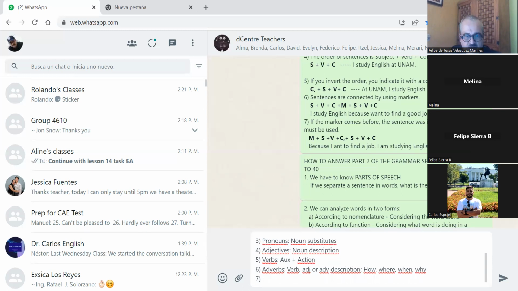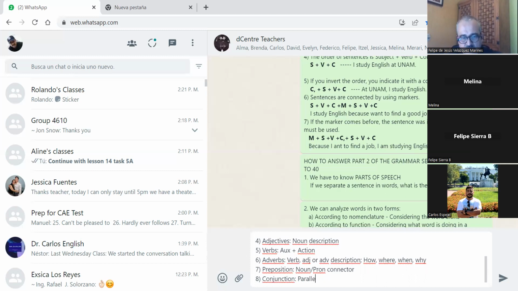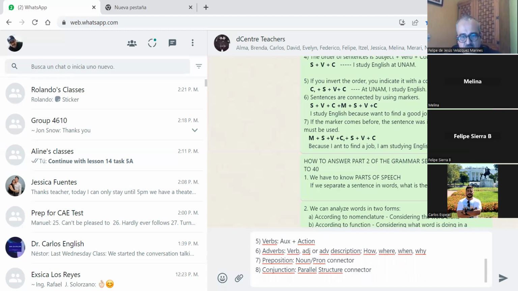Now, prepositions. What is a preposition? It's a noun or pronoun connector. We have conjunctions. What are conjunctions? Conjunctions are parallel structure connectors. But teacher, if both are connectors, what is the difference?